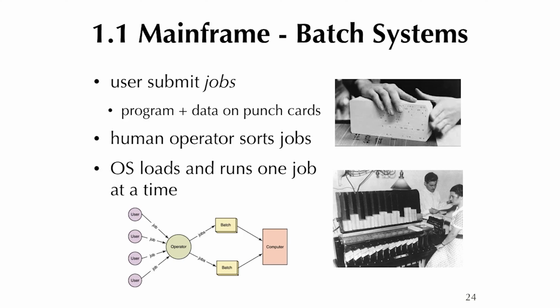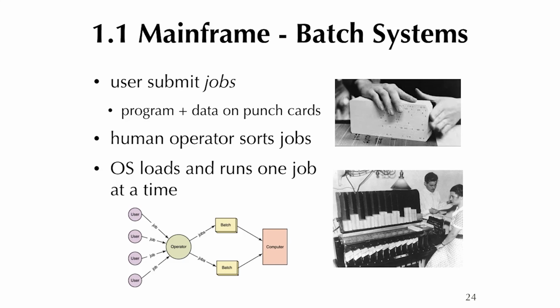But the point here is that this is called a batch system, because the person loads one stack of cards representing a program at a time. It runs until it's completed, then loads the next one. And it's not interactive. First, you don't know when you get to run your program. Second, when they print it out, you might be sleeping, and then they call you, and you go pick it up. So it's called a batch system.